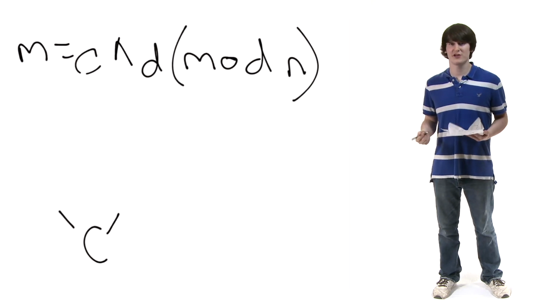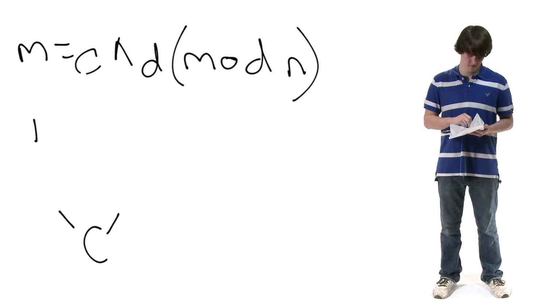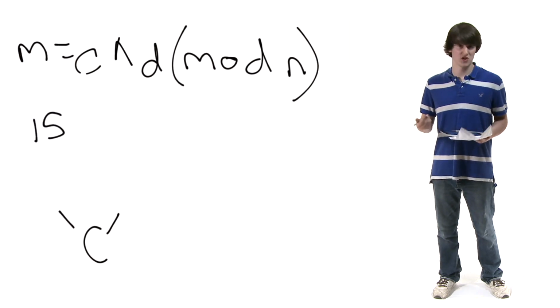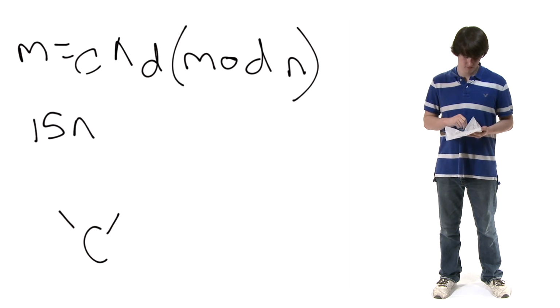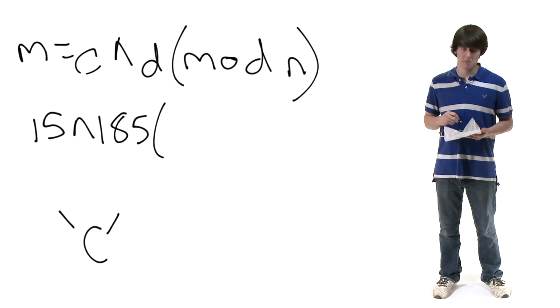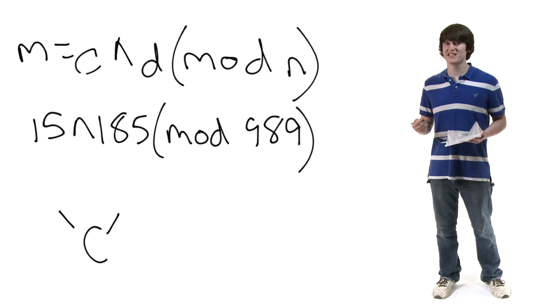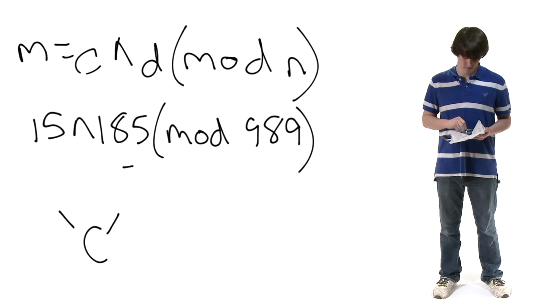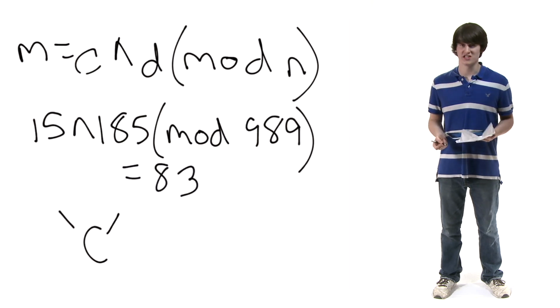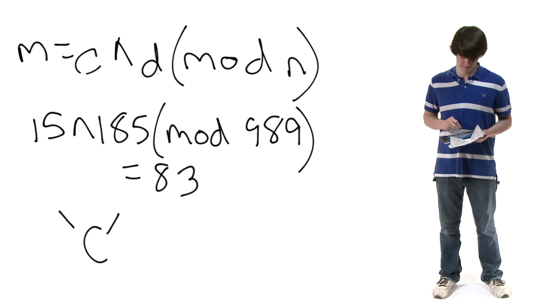The second chunk has value 15, which we raise to the 185th power, mod 989, and this is equal to 83, which is the letter S in ASCII.